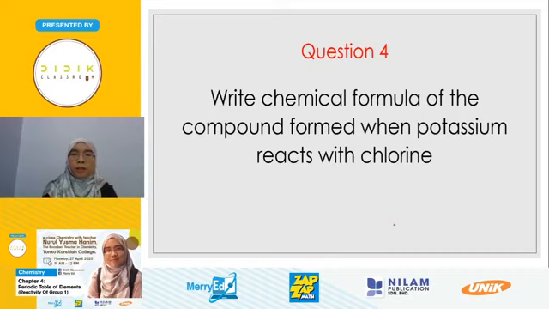Write the chemical formula of the compound formed when potassium reacts with chlorine.